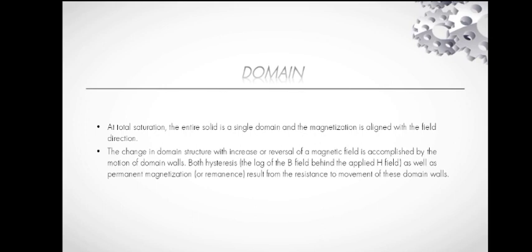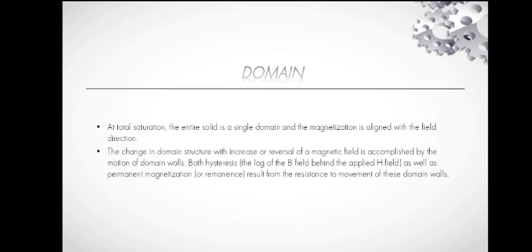The adjacent domains are separated by domain boundaries or walls, across which the direction of magnetization gradually changes. Normally, domains are microscopic in size, and for a polycrystalline specimen, each grain may consist of more than a single domain. Thus, in a microscopic piece of material, there will be a large number of domains, and all may have different magnetization orientations.